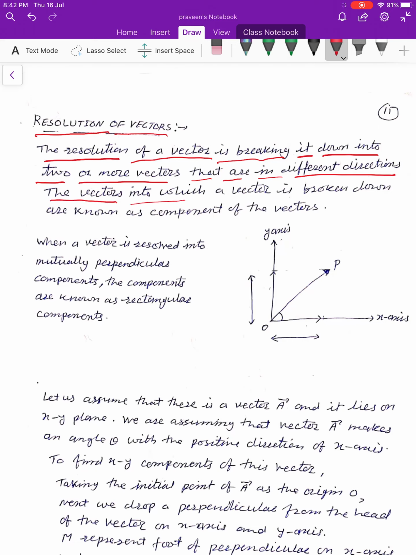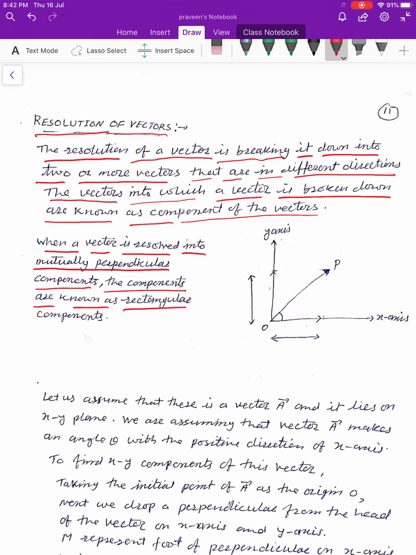The vectors into which a vector is broken down are known as components of the vector. When a vector is resolved into mutually perpendicular components, the components are known as rectangular components.